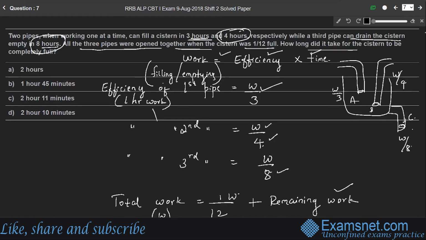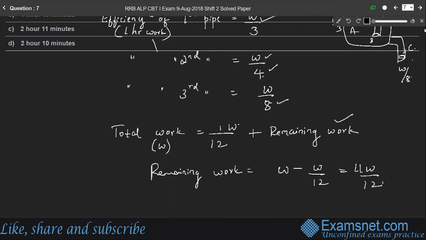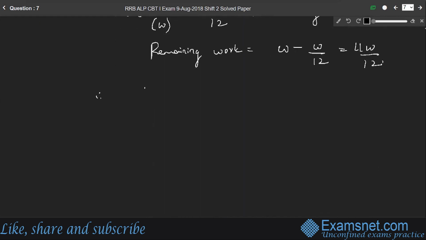So how long did it take for the cistern to be completely full? The remaining work, 11W by 12, has been done by A plus B, 2 pipes, whereas the third pipe can empty the tank. Therefore, it is minus C, in what time? Into T. Work is equal to efficiency into time.